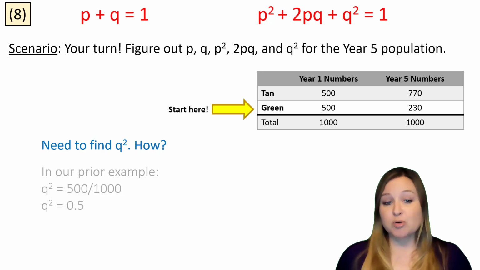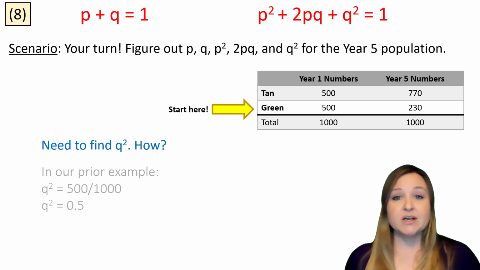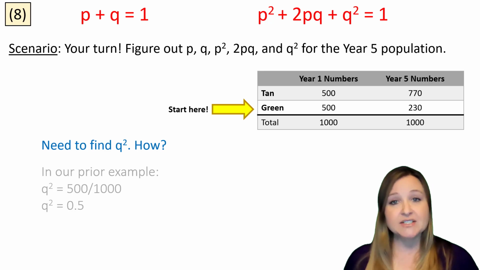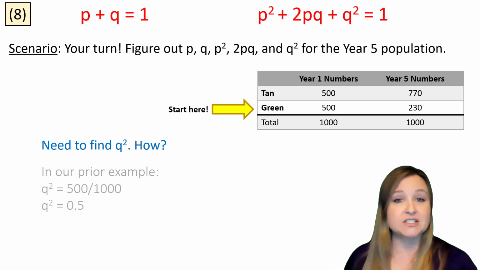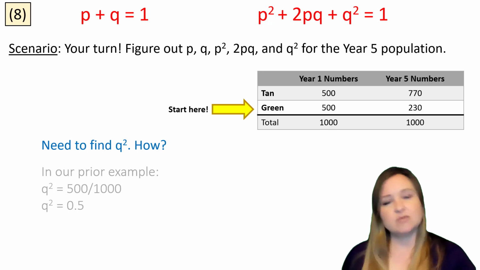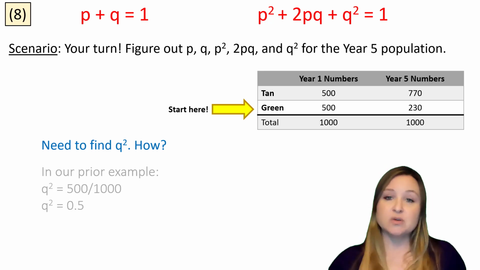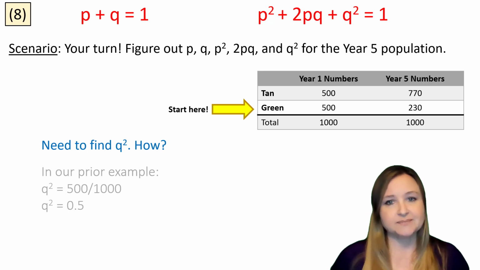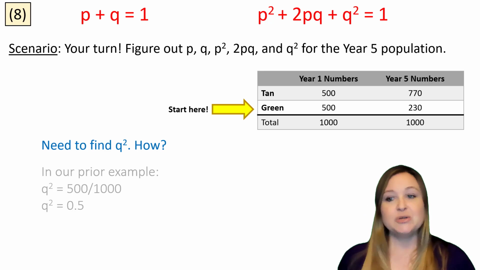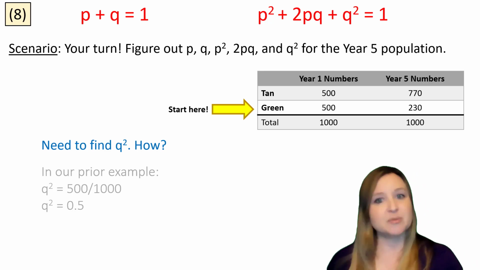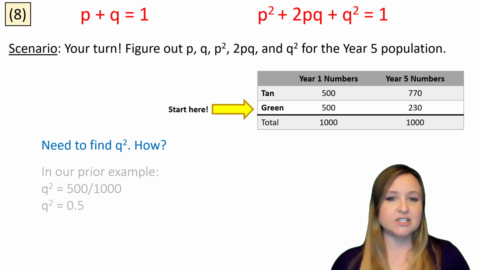So remember, in our prior example, Q squared was 500 grasshoppers divided by the total number of grasshoppers. That's 0.5, right? 50% of our grasshoppers at year 1 were green. So Q squared is 0.5. So you'll do the same thing with the year 5 numbers using the number of green grasshoppers compared to the total population.